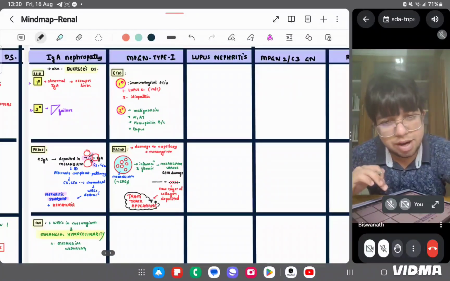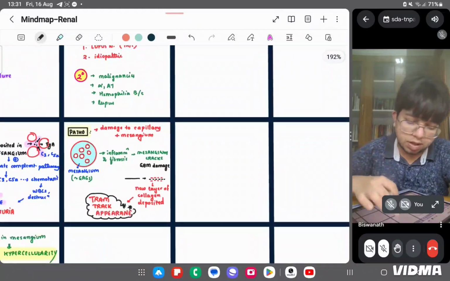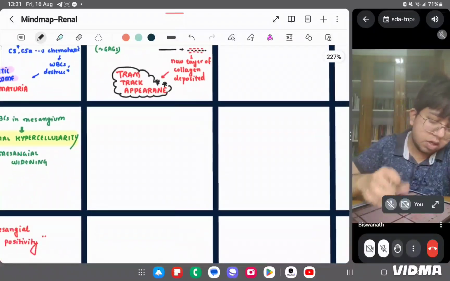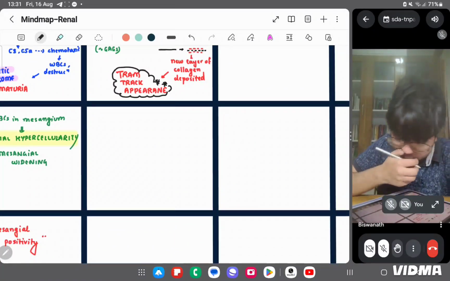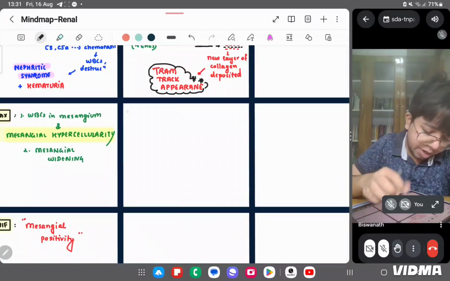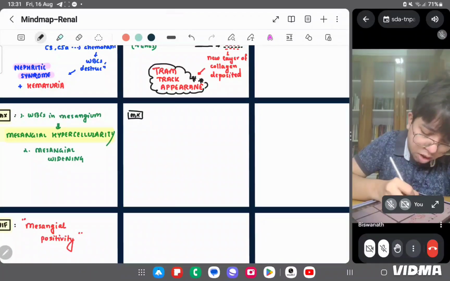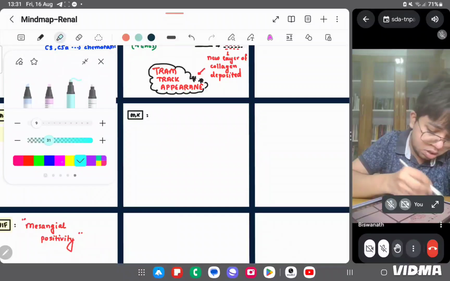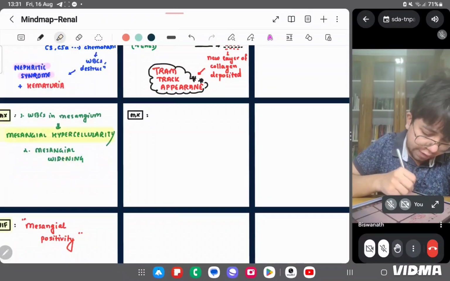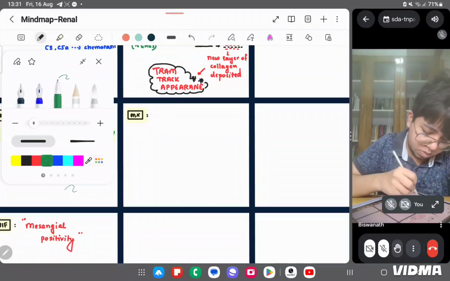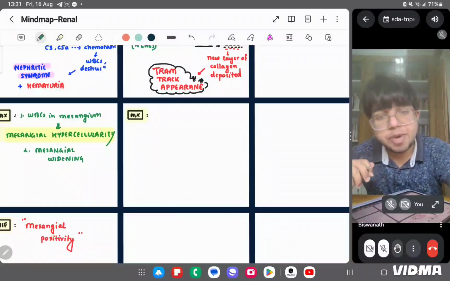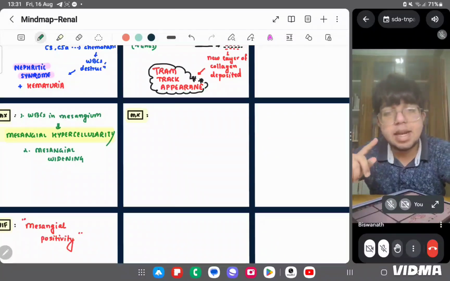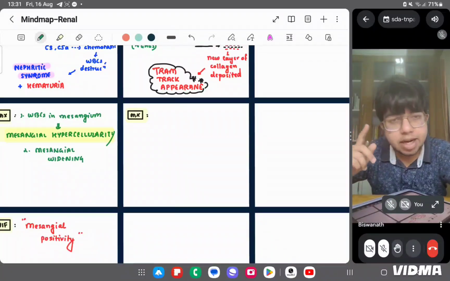MPGN type 1, right? And the podocytes are also damaged. There is podocyte damage also. So in your light microscopy, what you'll see is a mesangial and endocapillary hypercellularity which will be associated.